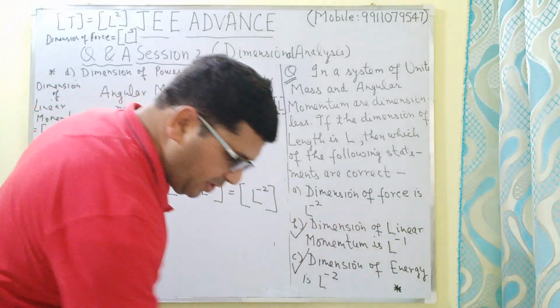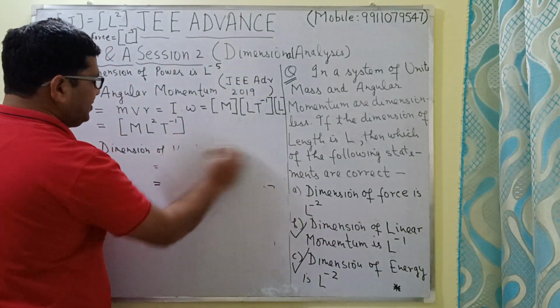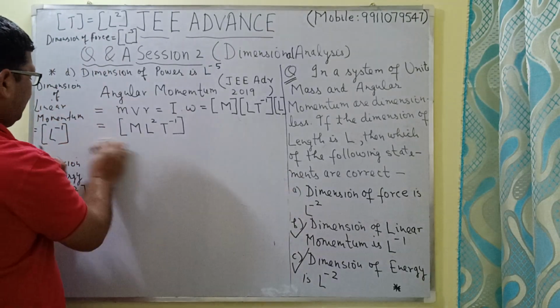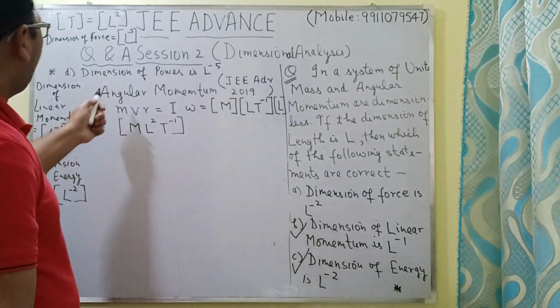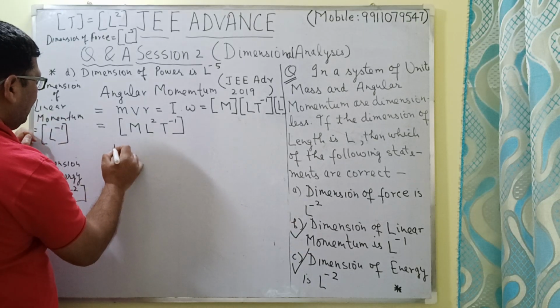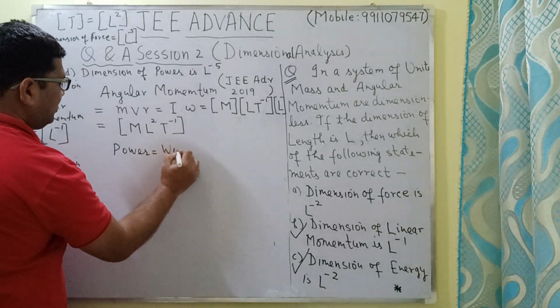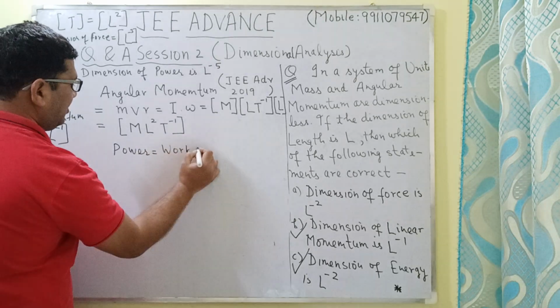Okay? Now we will see the last option. The last option is we have to find the dimension of power. Now power is equal to, you can use this formula, that is work done upon time.